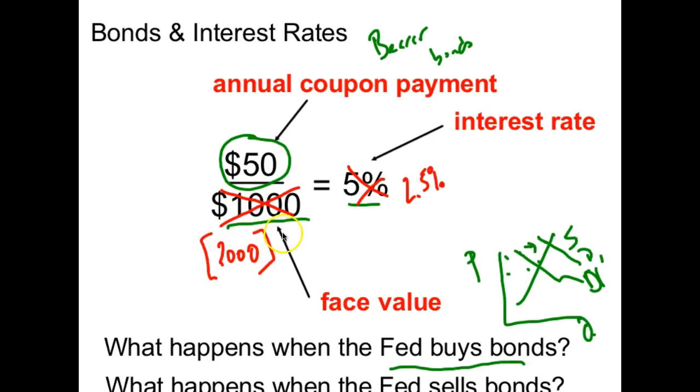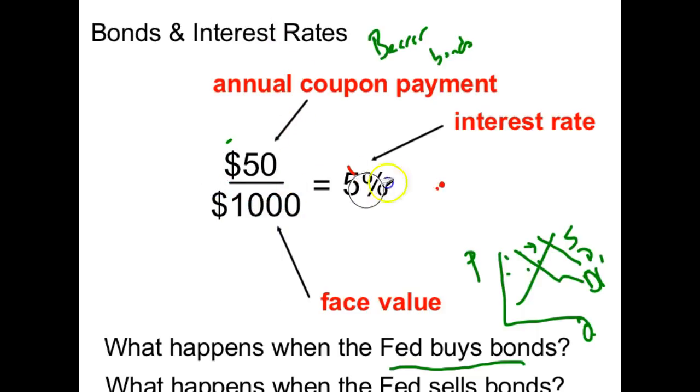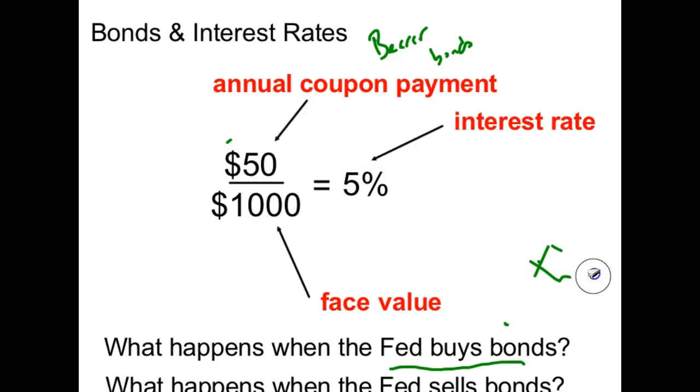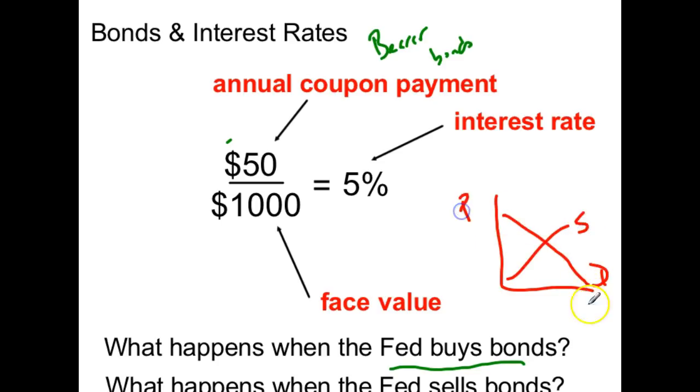So what happens if the Fed is selling bonds? Well, let's erase this for a second. Okay, and let's imagine a scenario where instead of buying bonds, the Fed is selling bonds. I bet you can guess what's going to happen to the price of bonds. Based on simple supply and demand, the Fed is selling, that means there's going to be a much greater number of them out there.